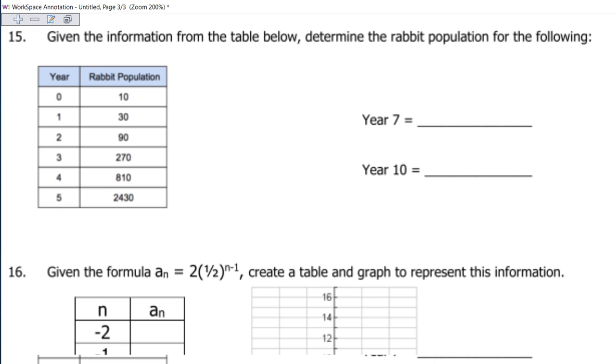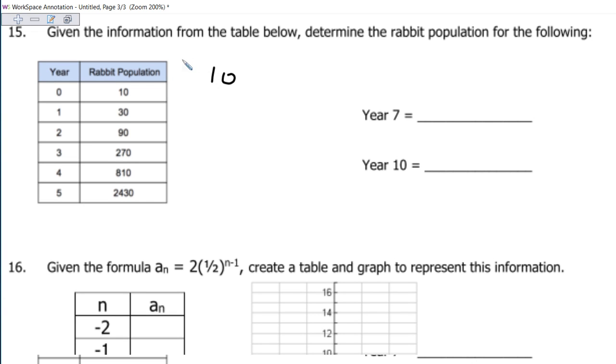We're starting off with 10 rabbits. A sub n equals, whoa, that's really ugly. Let me fix that. So we got A sub n equals 10 times, let's see, each time we're multiplying by 3.